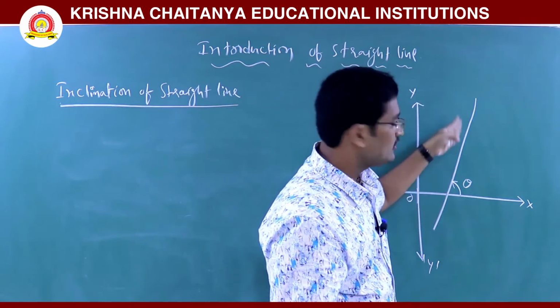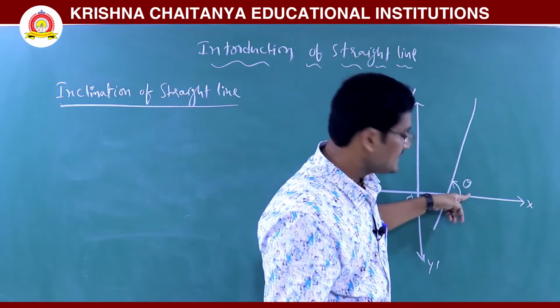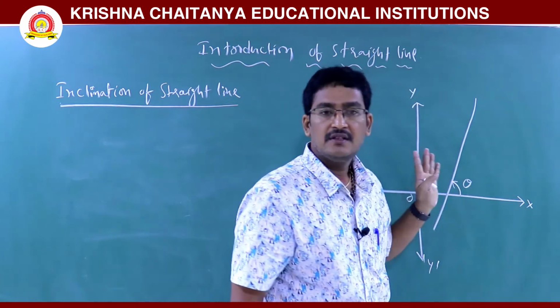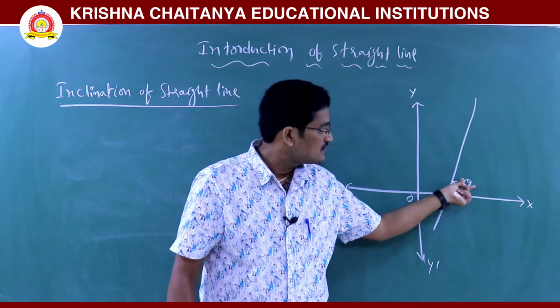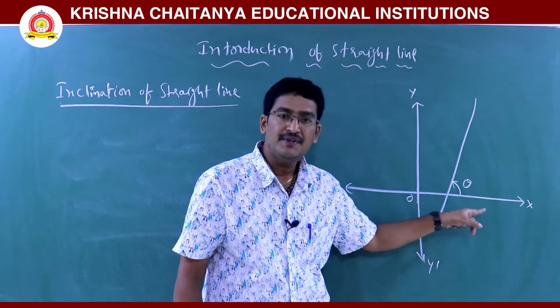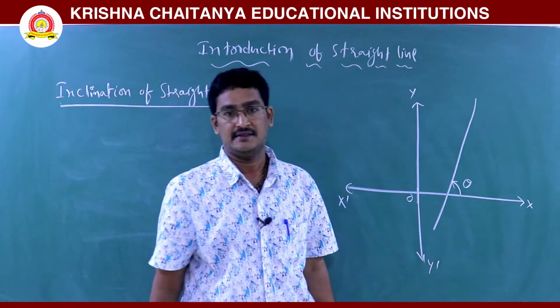If theta is 0, the angle between this line and x-axis is 0. That means the line is coincident with the x-axis. It is nothing but the x-axis.